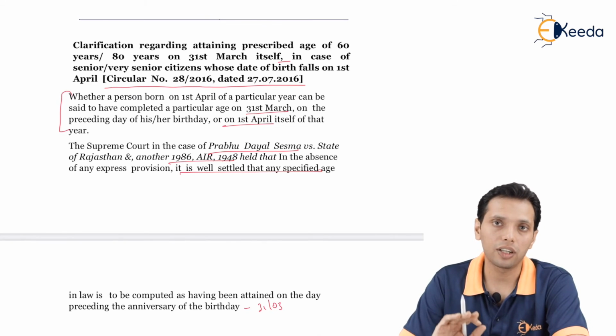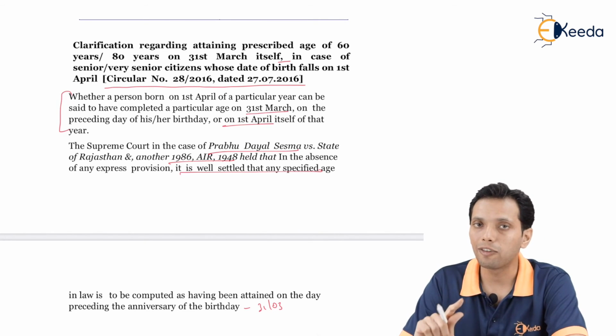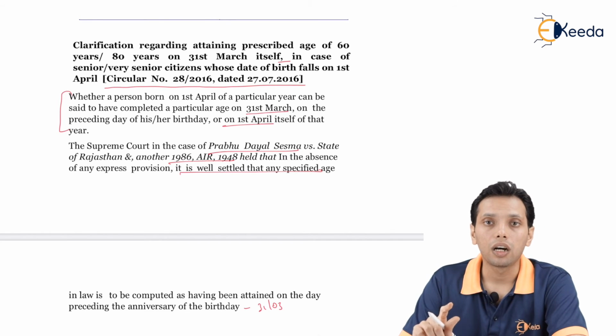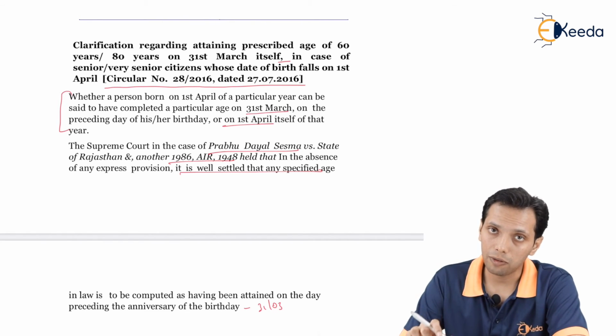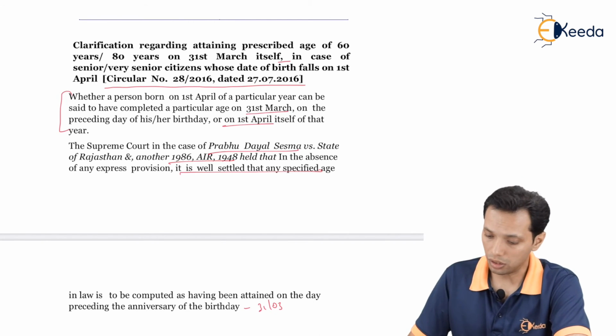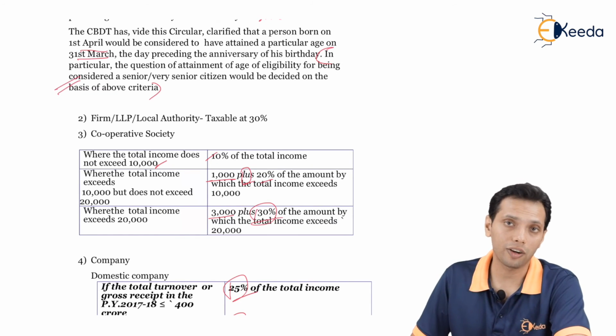Accordingly, for financial year 1920, if the date of birth is 1st April 2020, they will be assumed to have the date of birth in 1920, and they may qualify as senior citizen or super senior citizen. Then the rate of tax for firm, LLP, and local authorities is 30%.